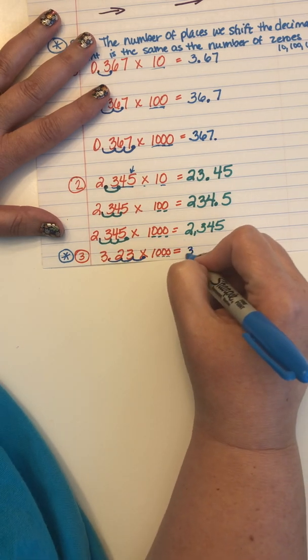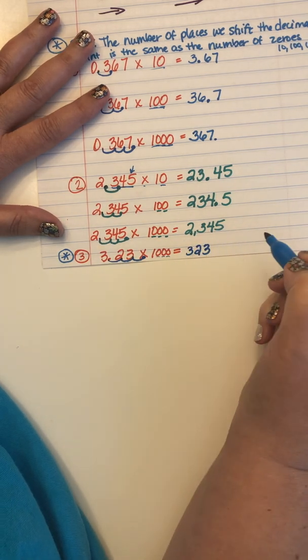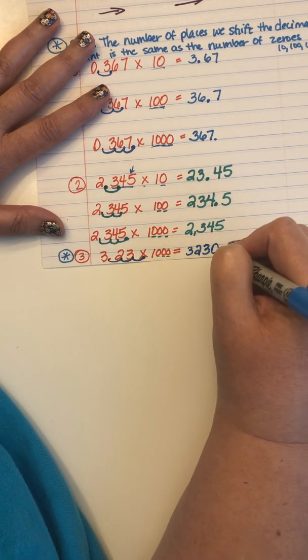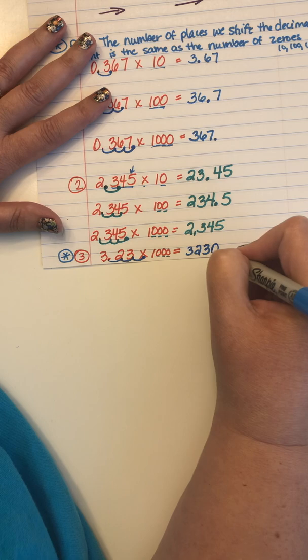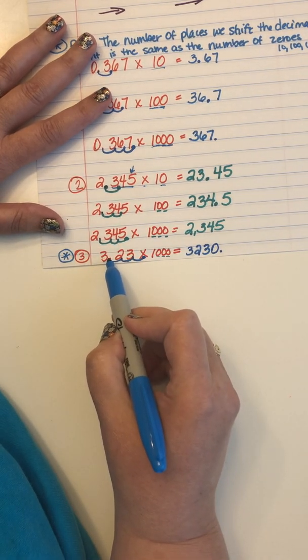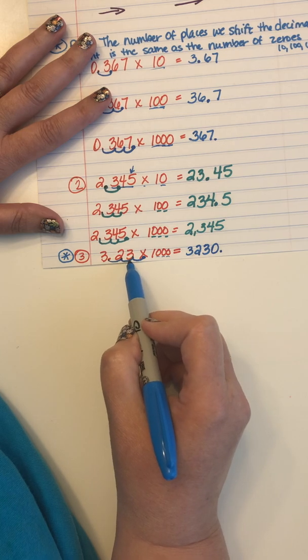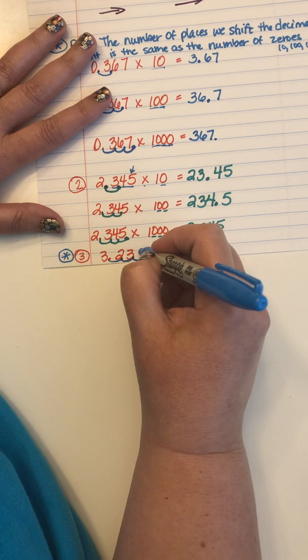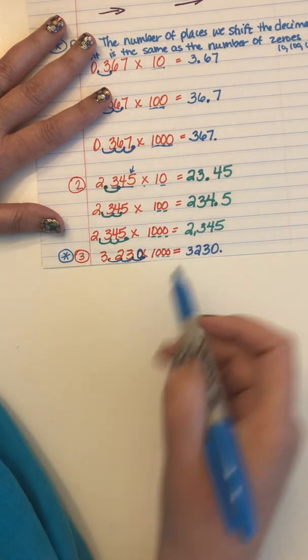That means I have to fill that blank space in like we did on the previous lesson with a 0. And then you can put the decimal just to be sure. But I started here and I had to hop 3 times. So 1, 2, 3. I didn't have a digit here, so I filled it in with a 0 in my answer.